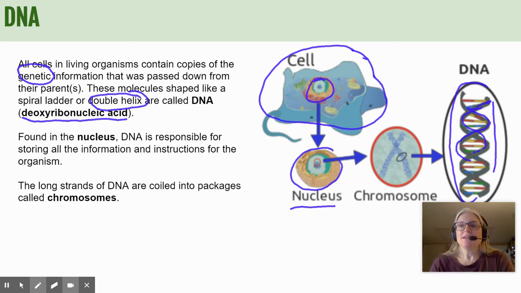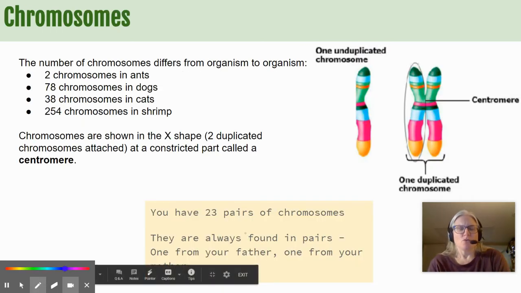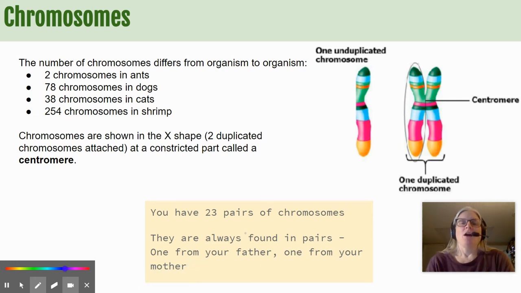Okay, now DNA is really, really long. There's a lot of DNA in those cells. So what happens is it's coiled into this form called a chromosome. So speaking of chromosomes, let's take a look. What is a chromosome? Like we said, it is DNA coiled really, really tightly.